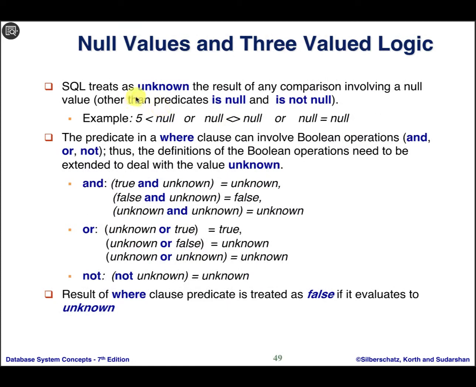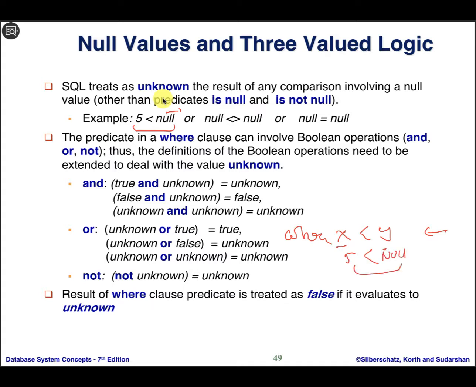SQL is going to treat as unknown the result of any comparison involving a null value. So for example, if you say an attribute less than or greater than another attribute, someone is going to ask where the null value came from. Say x less than y, and for this tuple the value of x is maybe a numeric value, whatever, and the value of y for this tuple is null.